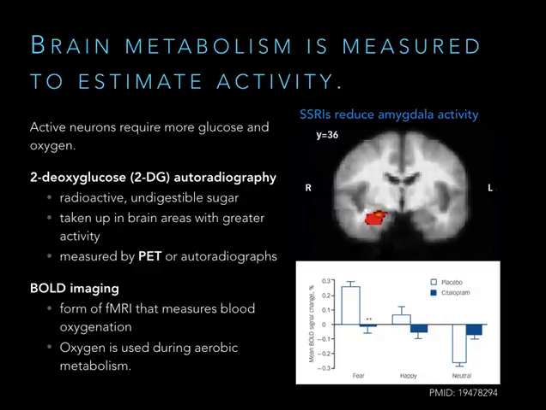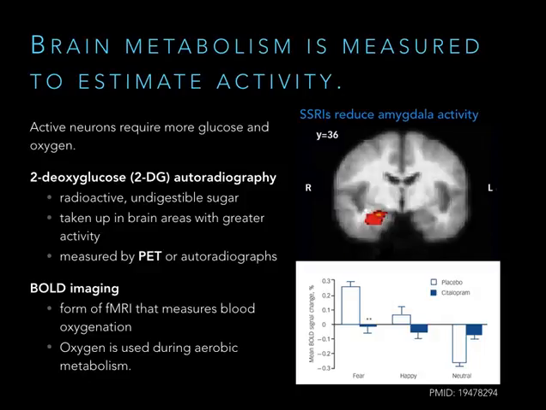What we can see on the bottom is a plot for the amount of amygdala activity when shown different pictures, either fearful pictures, happy pictures, or neutral pictures. And we can see that the amygdala becomes active when patients are shown fearful pictures. So the BOLD signal is going to increase when they're shown fearful pictures unless they're taking the SSRI there.